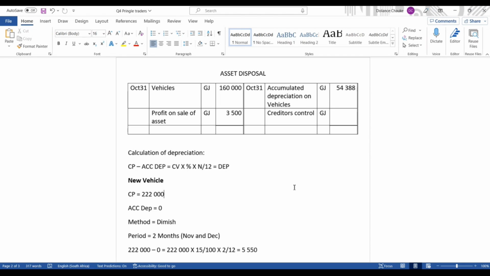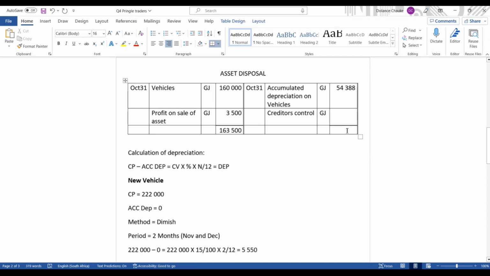So that profit is for us after we've traded in. It means we've traded in at a better value than the cost of our own vehicle, so that we make a profit, including getting the new one. So how much are we supposed to receive from our creditors control, or from our creditors? Then you are going to say 160,000 plus 3,500, which is going to be 163,500.